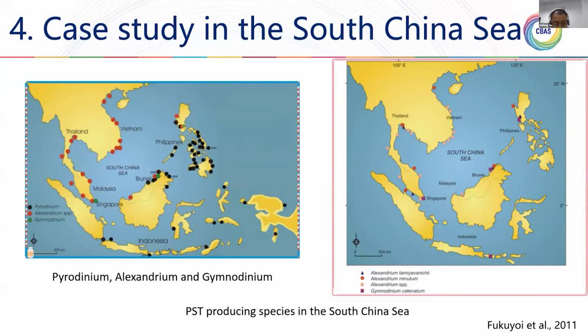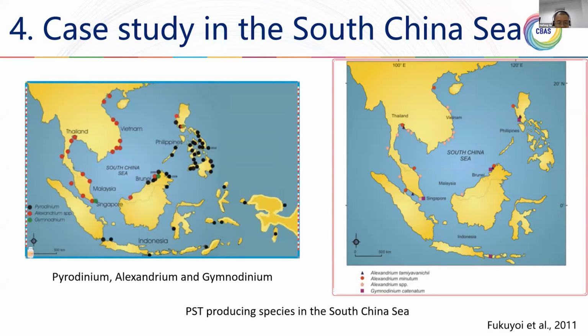For the last part, we go back to the South China Sea and report an ongoing study focusing on harmful algae. We targeted the ITS1 region for a more precise understanding of these important species. As previously introduced, there are three main genera which can produce PST.